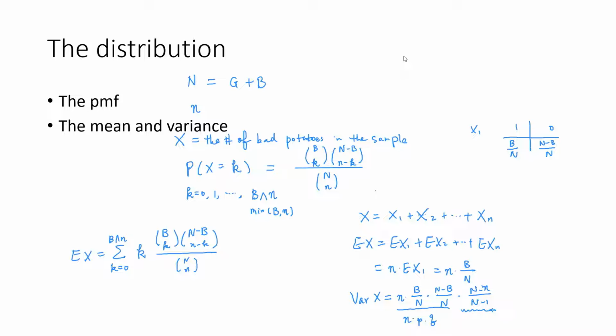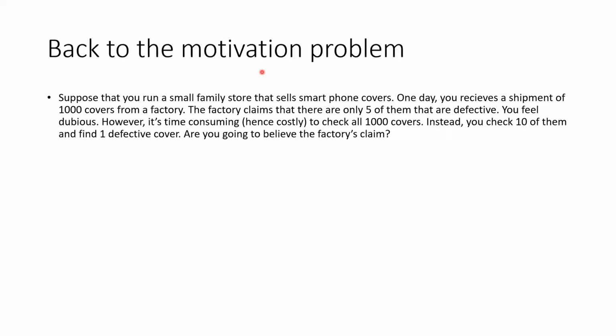But let's have a look at an example. Now let's go back to the motivation problem. We have a total of 1,000 covers, so capital N equals 1,000. Let's focus on defective ones.